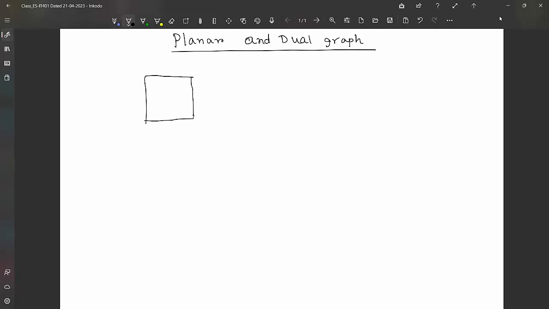So in this graph you can see this is a complete graph with 4 vertices. So this is V1, V2, V3 and V4. These are the 4 vertices of this graph. Now you can see that in this graph it looks like these two edges are intersecting, but you can draw this graph again in this way.